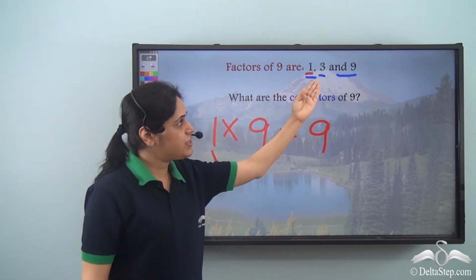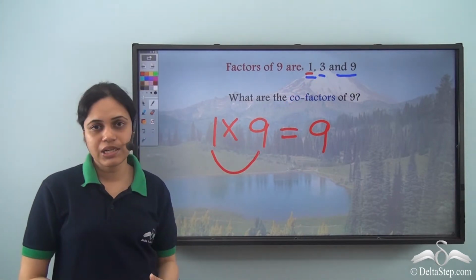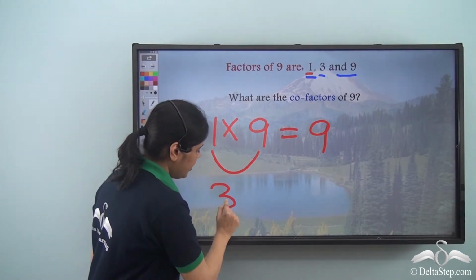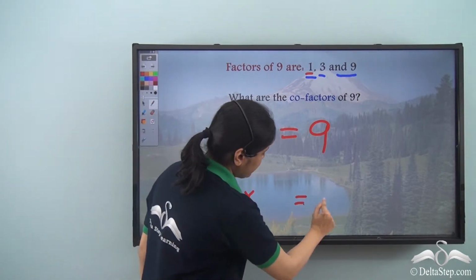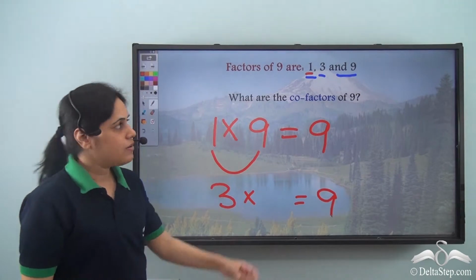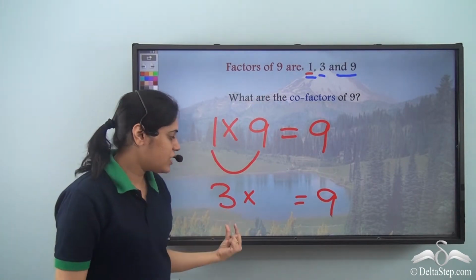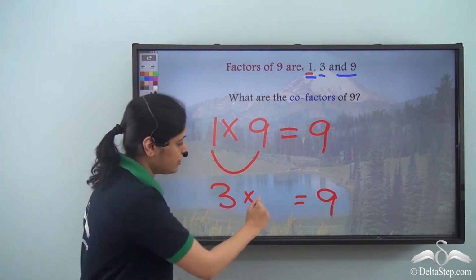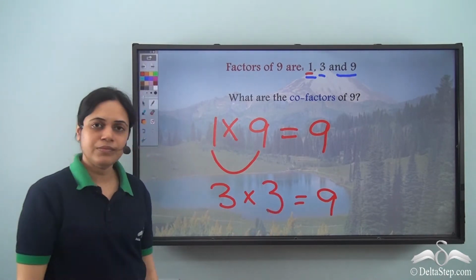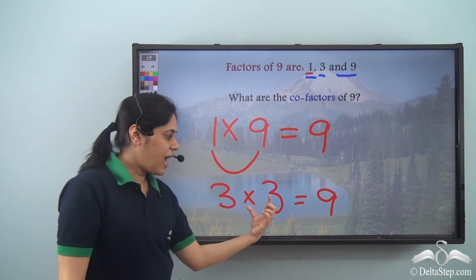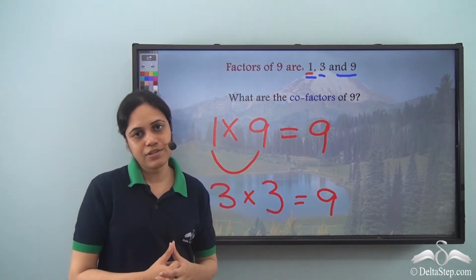Now we are left with just one factor, 3. 3 into what will give me 9? But see, there is no other factor left. But 3 into 3 is 9. So 3 and 3 are cofactors.